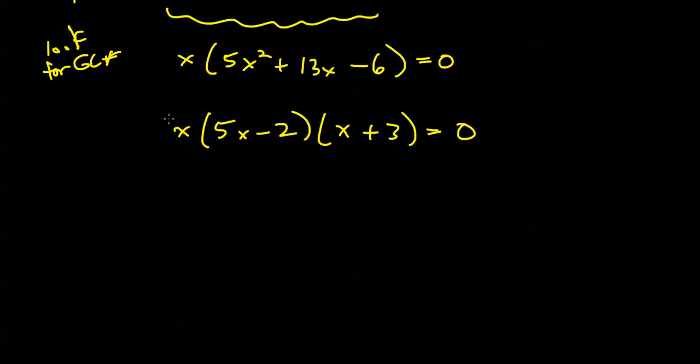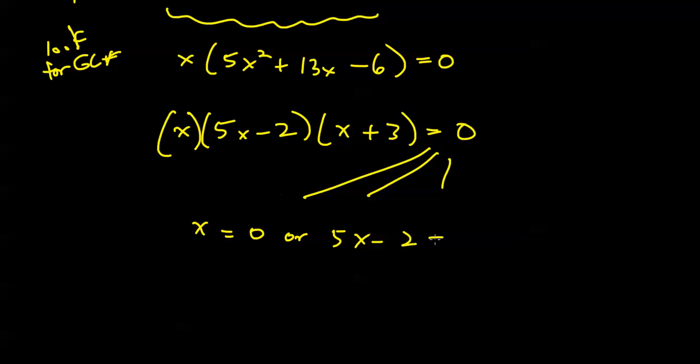Well, that zero product property holds no matter how many factors you have in your factored expression. So this will branch off to 3 degree 1 equations. So I'll get x equals 0, or 5x minus 2 equals 0, or x plus 3 equals 0.